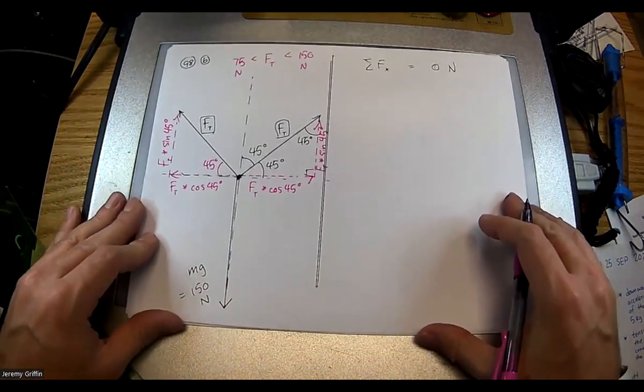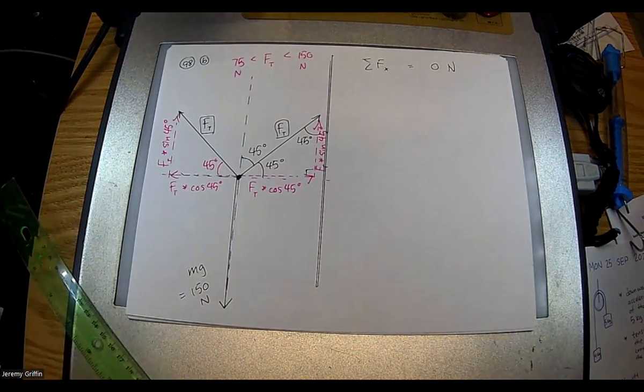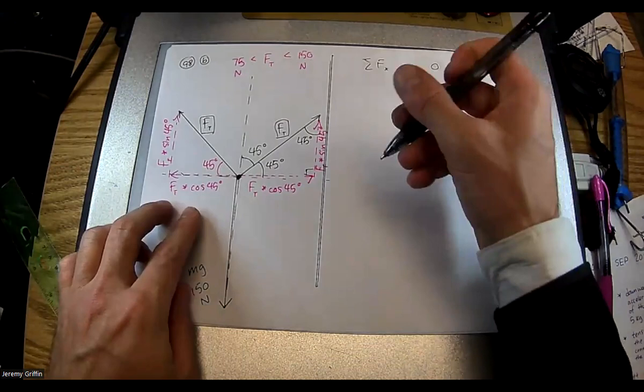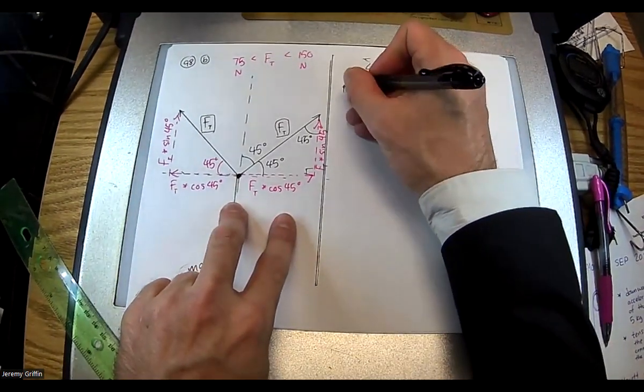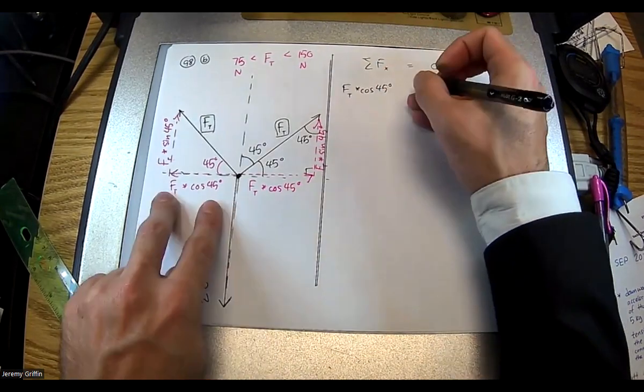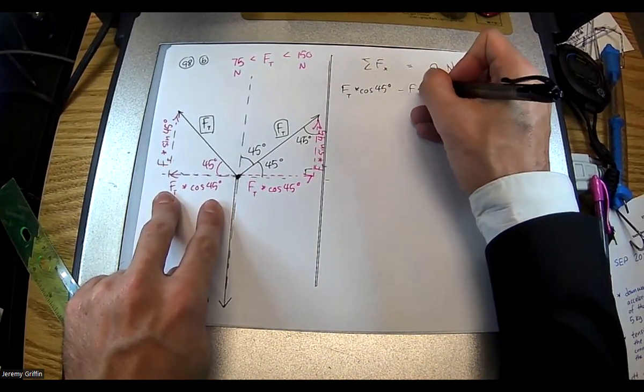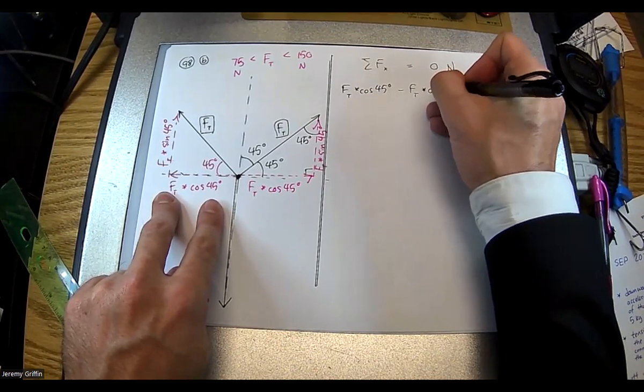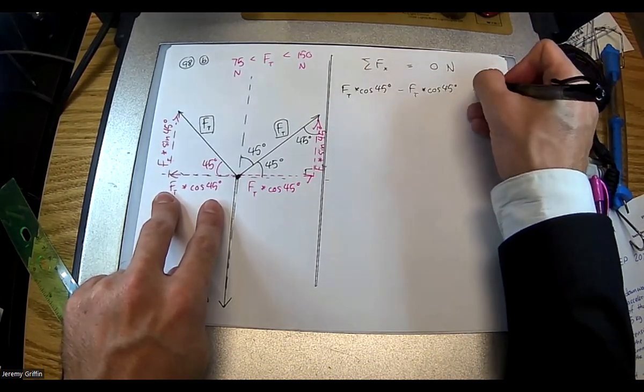Okay. So horizontally, I'm going to say this one here, F_T cosine 45 degrees, minus this one to the left, F_T cosine 45 degrees, is equal to 0.